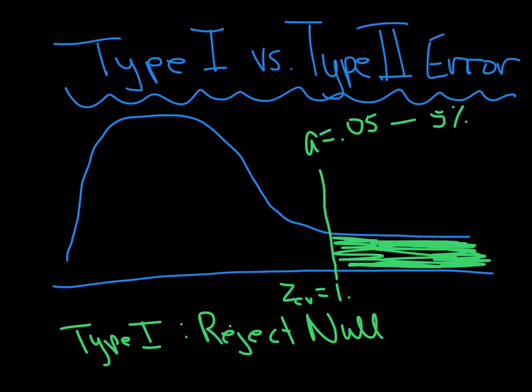So we're actually looking at 1.64 because it's all in one tail. And in this case, I'm saying we're looking at an increase. So let's say my test statistic fell right here, okay? So that would be my z obtained, and let's say it equals 1.71.